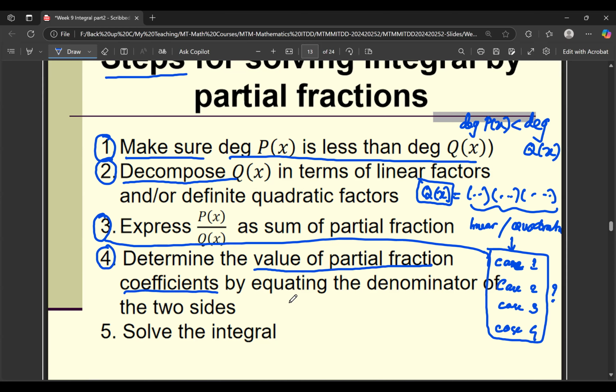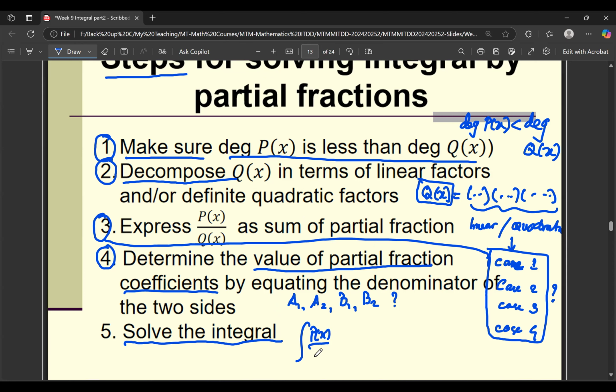You must find the values of A1, A2, maybe B1, B2, as your symbols for the numerators. After you know the values of A1, A2, B1, B2, and so on, depending on your expression in point three, you can solve this Px over Qx.